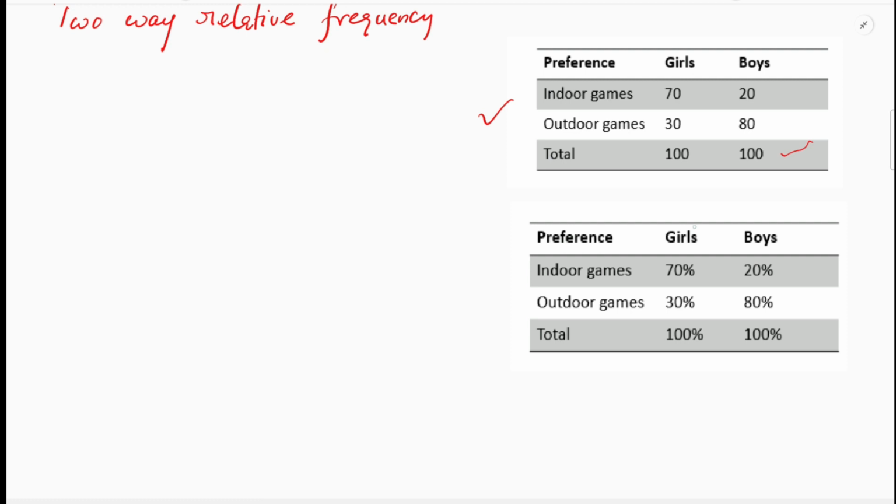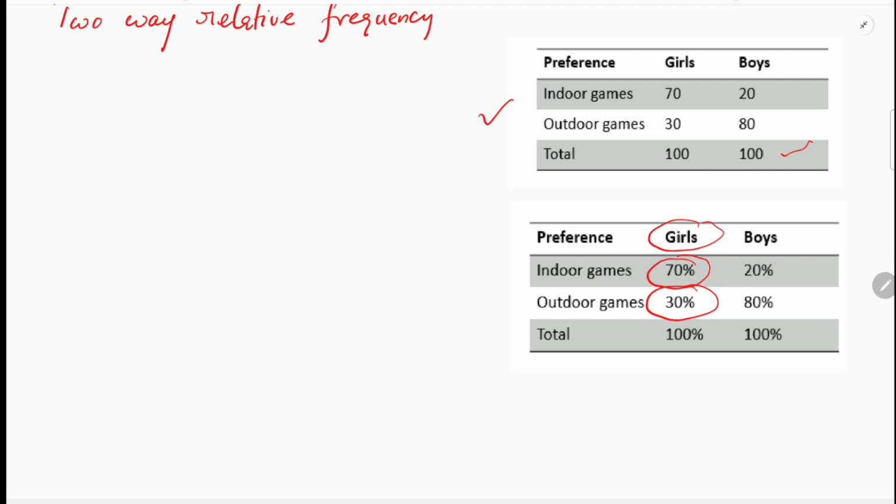For example, here, indoor games with respect to the girls. Out of 100 girls, 70 girls prefer indoor. That means 70%, and 30 represents 30%.